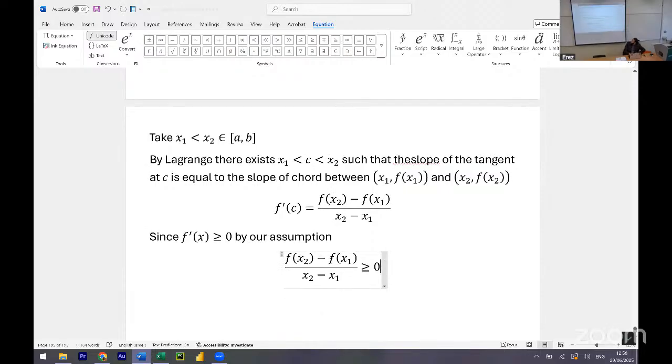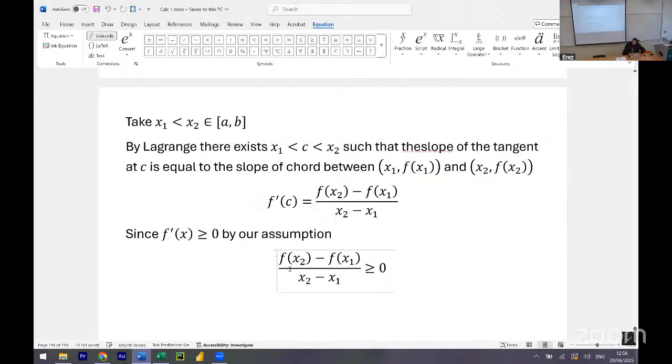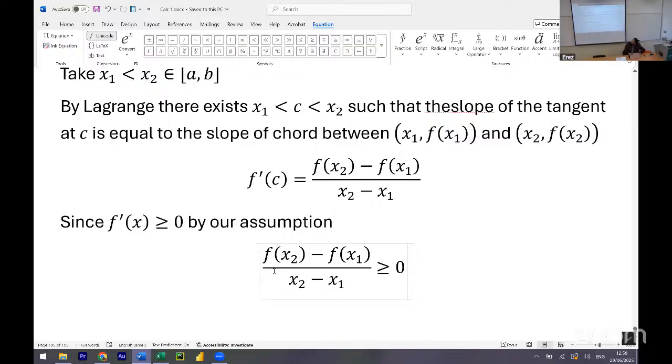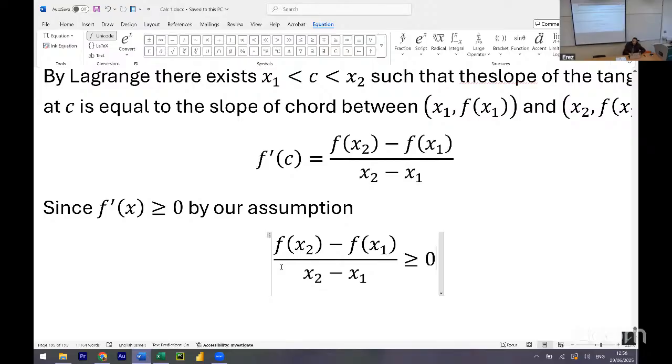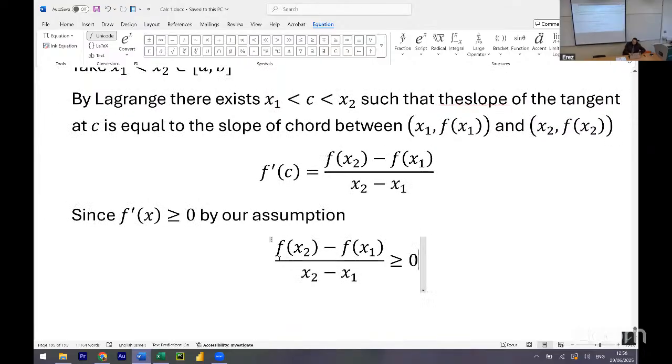What can you deduce from the fact that the slope, I keep saying increasing myself, I'm mistaken obviously, positive, not increasing. And what can you deduce from the fact this is larger or equal to 0? What can you say about the denominator x2 minus x1? Positive, right?